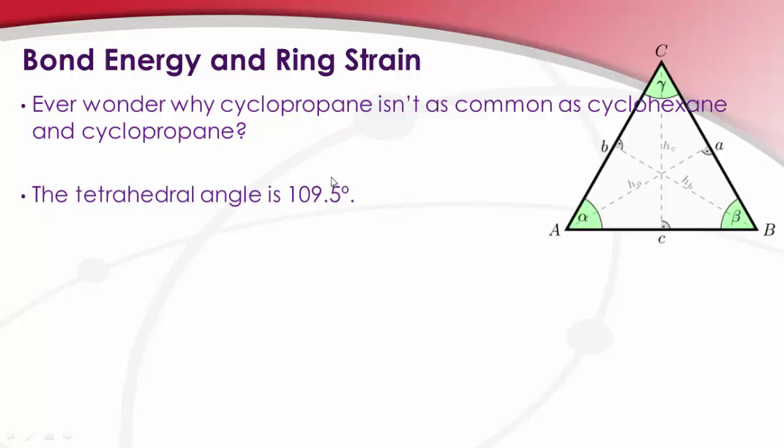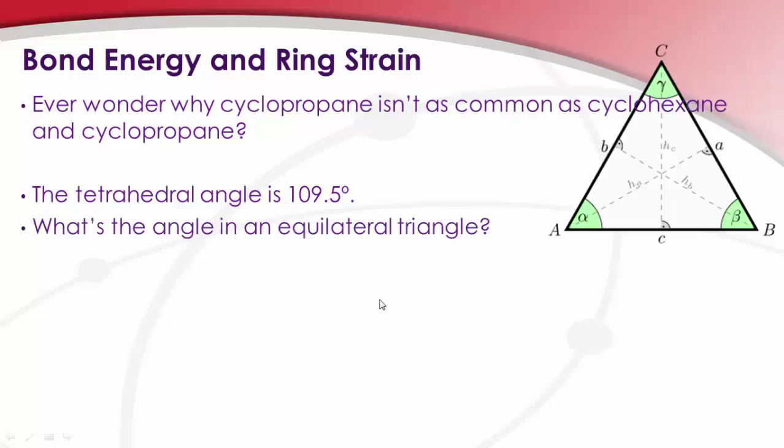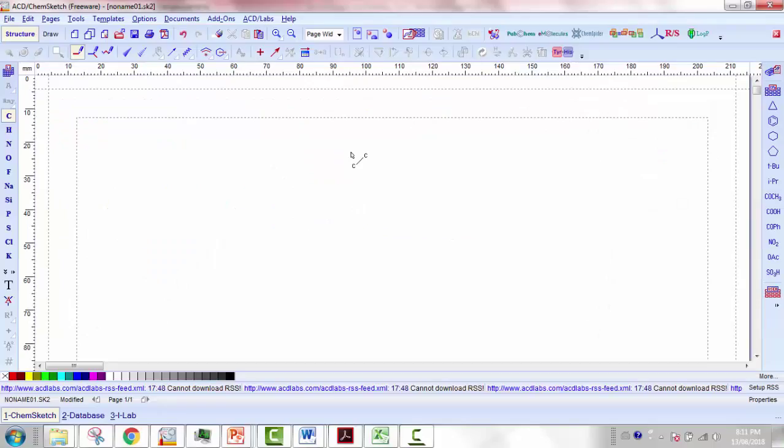So remember, the perfect angle is almost exactly 109.5 degrees for a tetrahedral angle. Well, maybe you remember that in an equilateral triangle, the angle is about 60 degrees. About 60 degrees. How about exactly 60 degrees? So let's change gears a little and let's actually go back to organic chemistry class and look at cyclopropane.